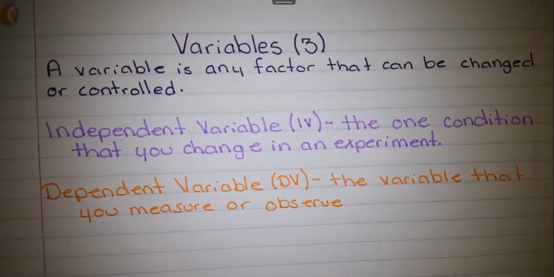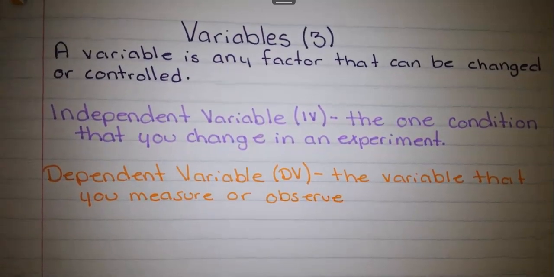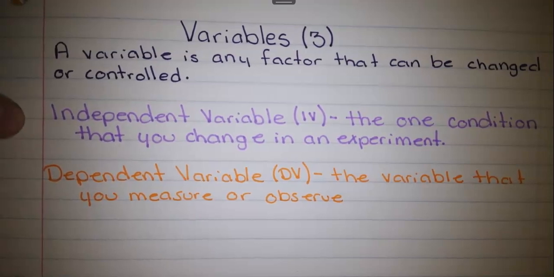Okay, and the dependent variable gets its name because it depends on what you are changing, or the state of the independent variable. So going back to solubility rate versus temperature, I'm trying to see if salt is going to dissolve faster in hot water, cold water, or room temperature water.